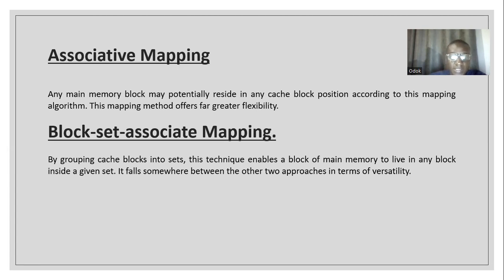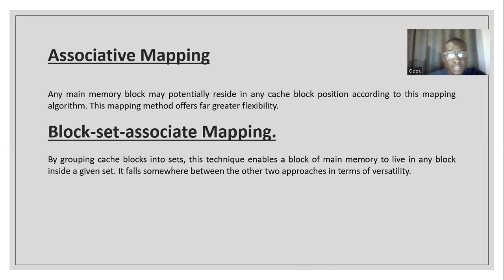Here the main memory block can be mapped to any of the cache blocks. The memory address has only two fields here, the word and the tag. This technique is called fully associative cache mapping. We have examples on this shared in the Word document.